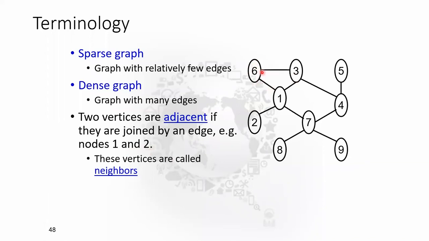The adjacent nodes would be 3 and 1, because they are the neighboring nodes of 6. But for 1, it would be 6, 2, 3, and 7, because it has a line connected to each of them. But 8 is only adjacent to 7. It's not adjacent to 2, because there is no edge connecting the two nodes.